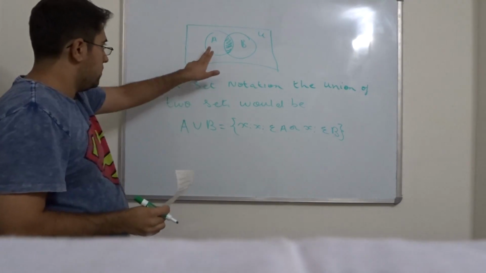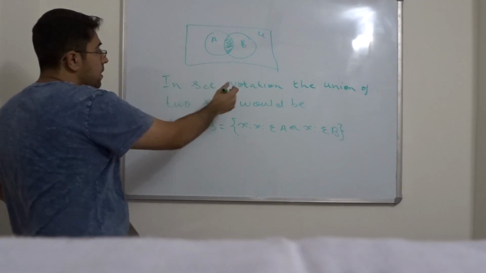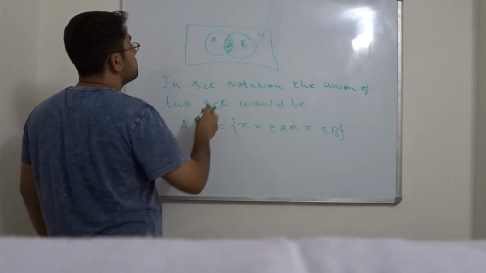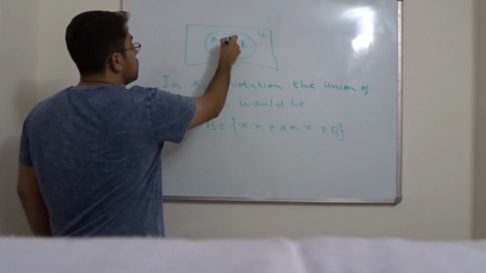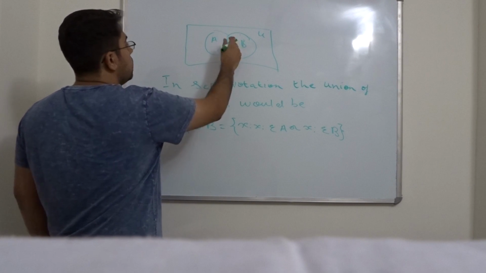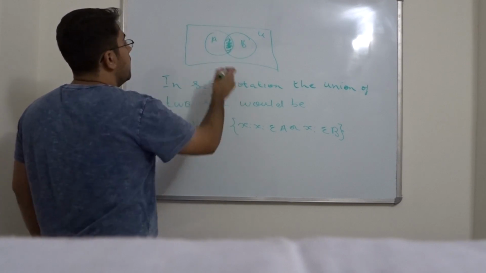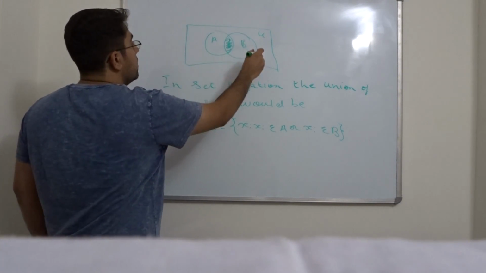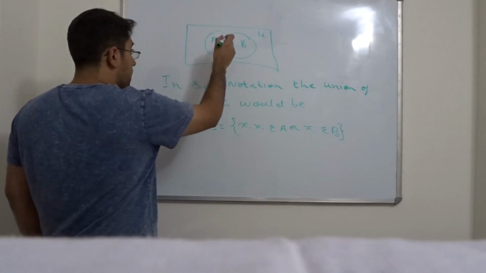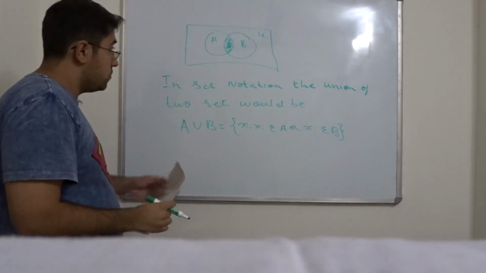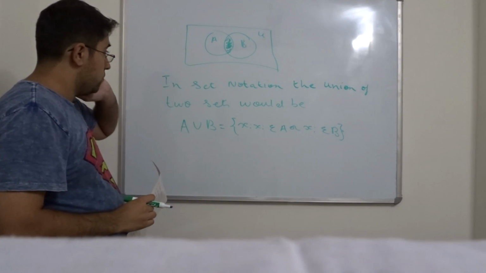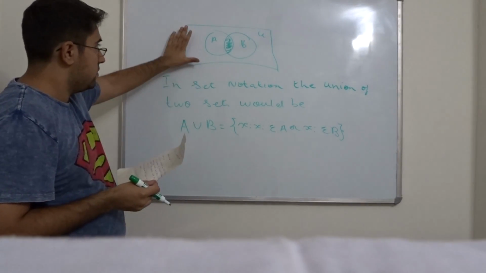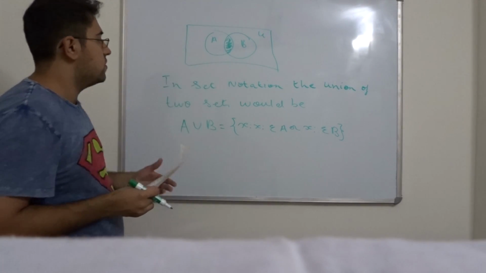So this is set A, this is set B. This is the common section. Everything common goes right here in the middle, and this whole thing, everything outside, is the union of A and B. I hope you understand this. So this is what the union of sets looks like.